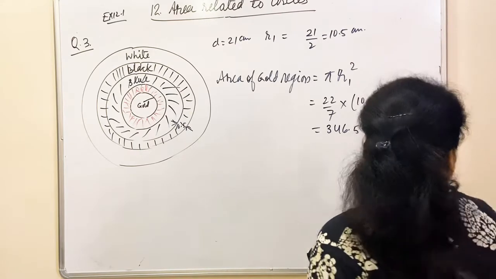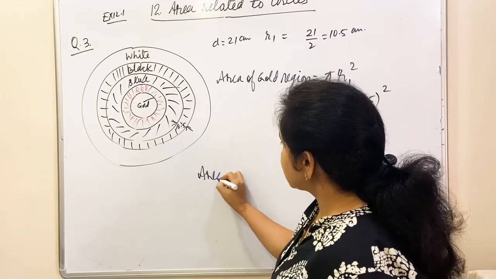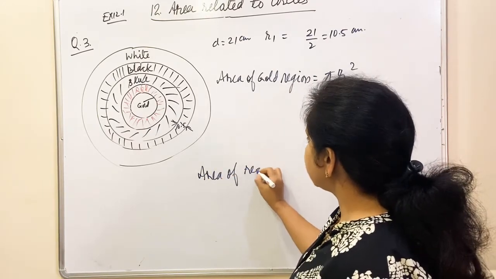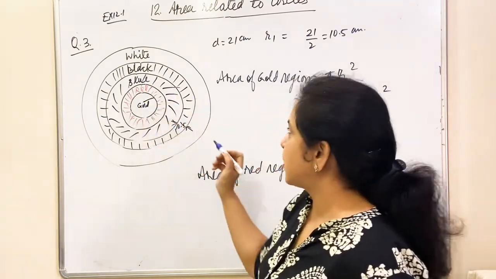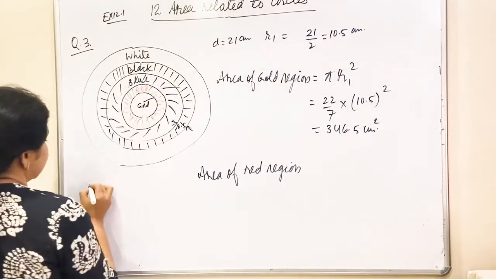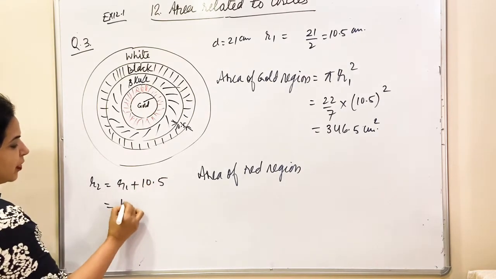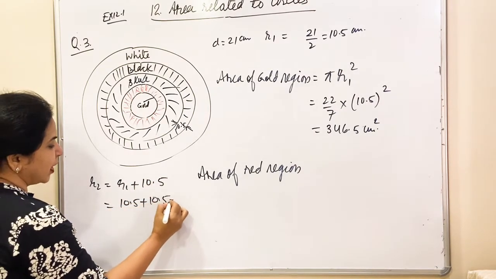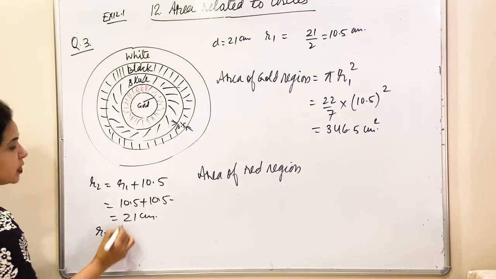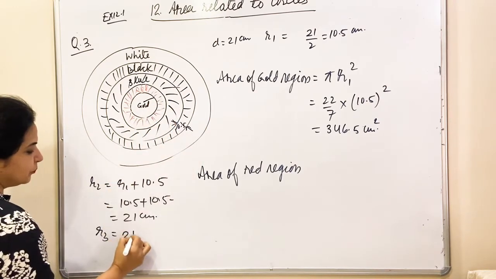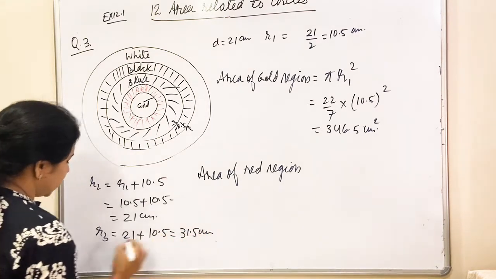Okay. And here next is area of red region. So for the area of red region, we have to calculate the radius of red second circle. So here the radius of second circle R2 is R1 plus the width, that is 10.5. So 10.5 plus 10.5 is 21 centimeter. Similarly, you can find the radius of third circle, that is 21 plus the width, that is 31.5 centimeter.